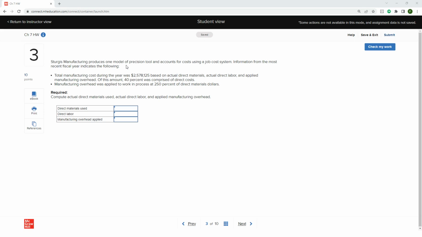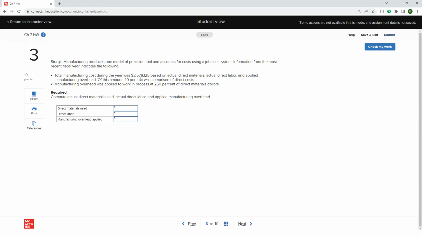Question number 3. Sturgis Manufacturing produces one model of precision tool and accounts for costs using a job cost system. For the most recent fiscal year, it tells us that total manufacturing cost was $2,578,125 based on actual direct materials, actual direct labor, and applied manufacturing overhead.